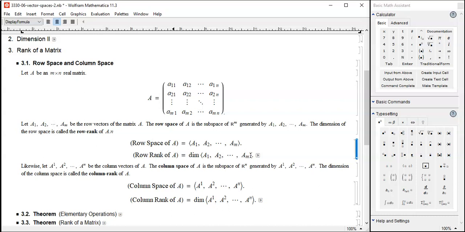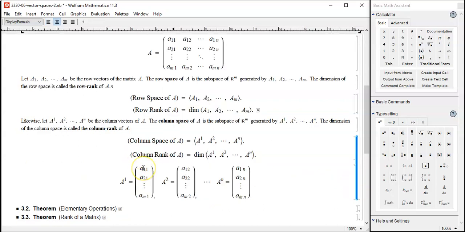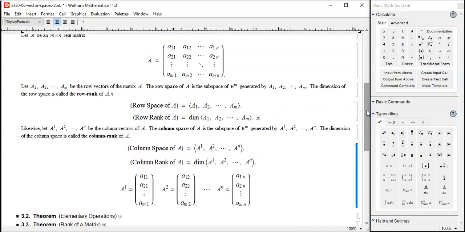You can do the same thing for columns. For each column like this, now each column is m-dimensional because A11, A21, it goes to m real numbers. So these are vectors in Rm. And how many are those? There are n of them.